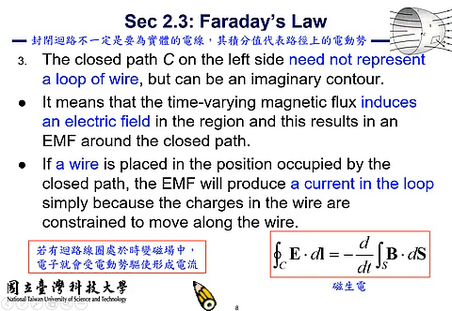Okay. So if a wire is placed in the position occupied by the closed loop, the EMF will produce a current in the loop simply because the charges in the wire are constrained to move along the wire, because the time-varying magnetic field produces an electrical potential in the space.